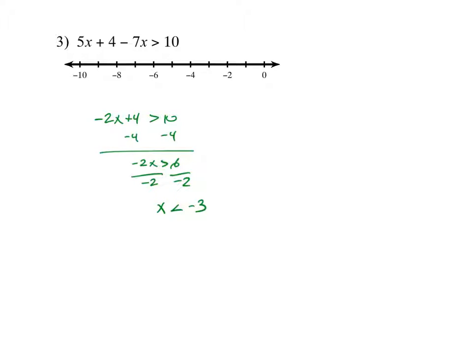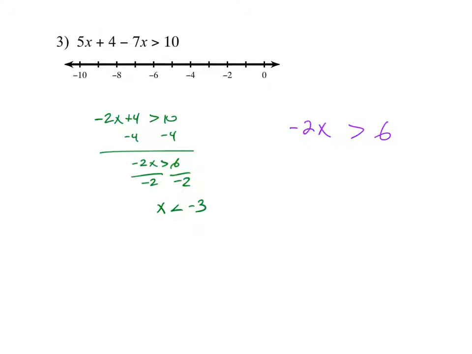So I have -2x greater than 6, right? The only way to make this part greater than a positive number is if I multiply here by a negative number. So negative times negative is going to be positive, right? So that's why we have to change the sign. It has to do with the signs of those numbers right there.